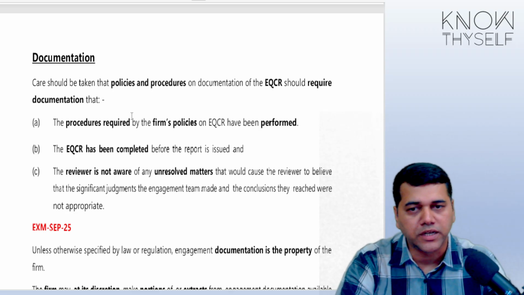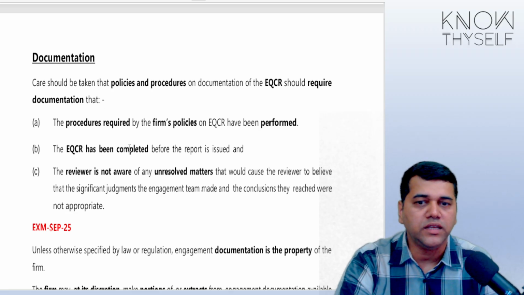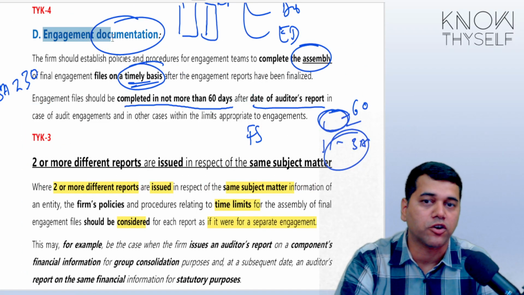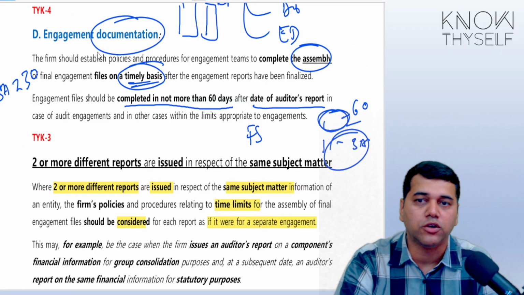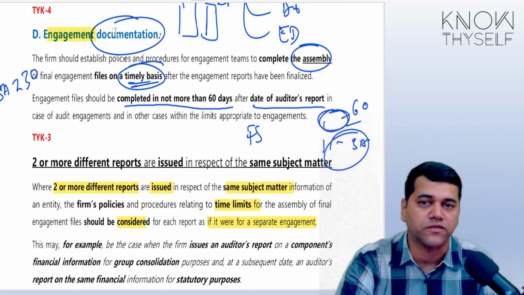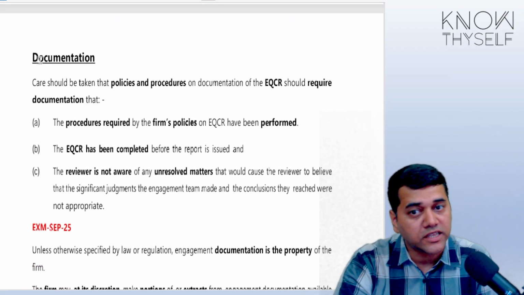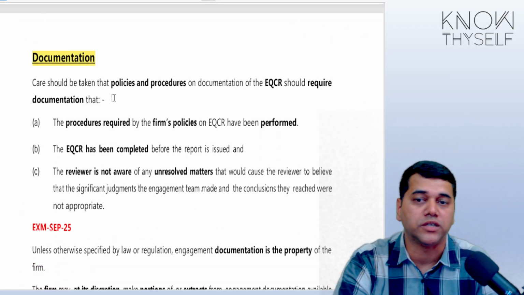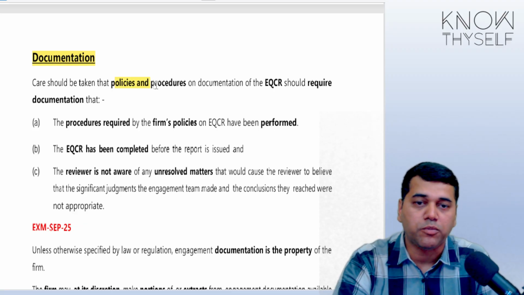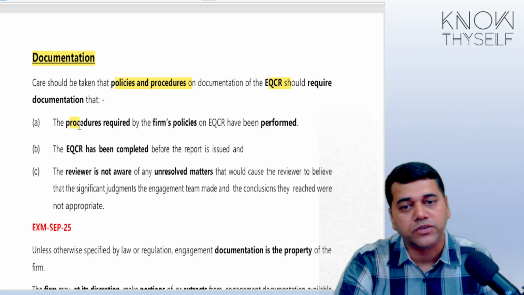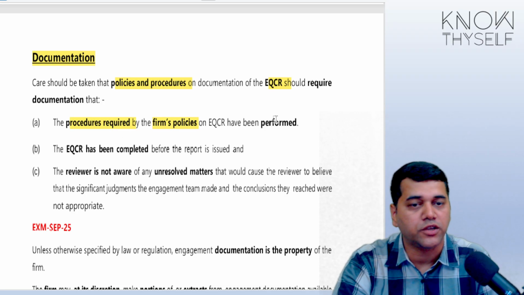As part of the documentation, now what is that EQCR documentation? This is general engagement documentation, that you have to do documentation on a timely basis and all of the stuff here. Now what is this another documentation here, that is EQCR documentation. Care should be taken that the policies and procedures of the EQR should require documentation that procedures required by the firm's policies on EQCR have been performed.